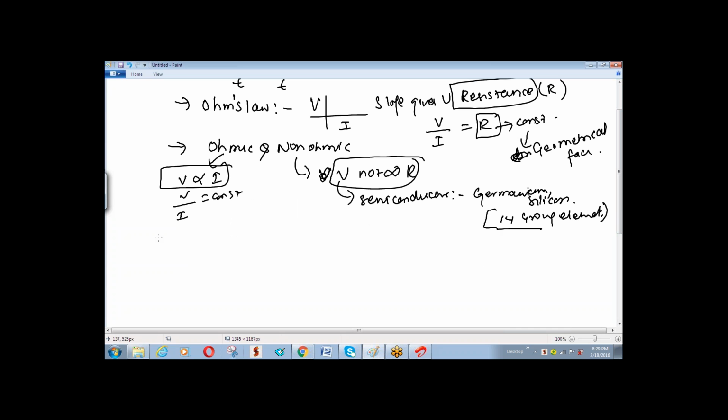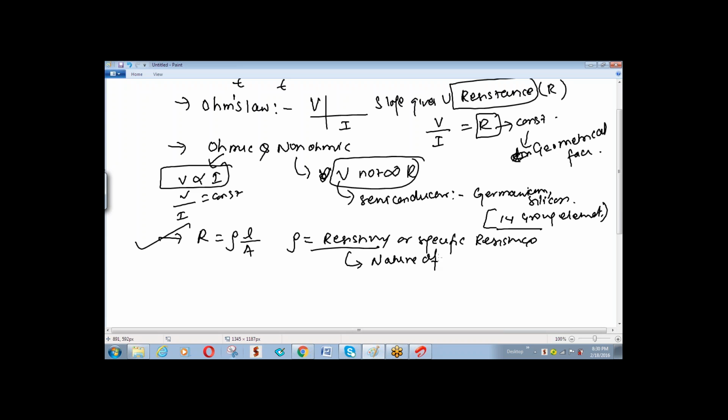Then we move to the formula, the numerical application, that is R is equal to rho L by A. Rho is called resistivity, or it is also termed specific resistance. Important, keep this point in mind. This depends upon the nature of the material. It does not depend upon external factors.